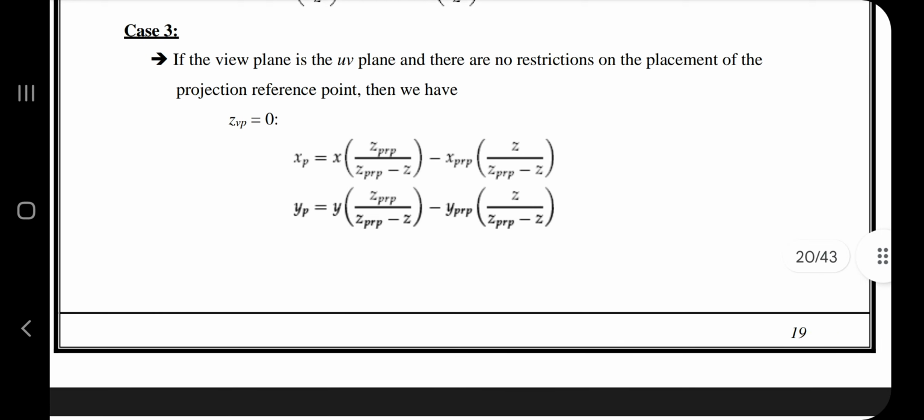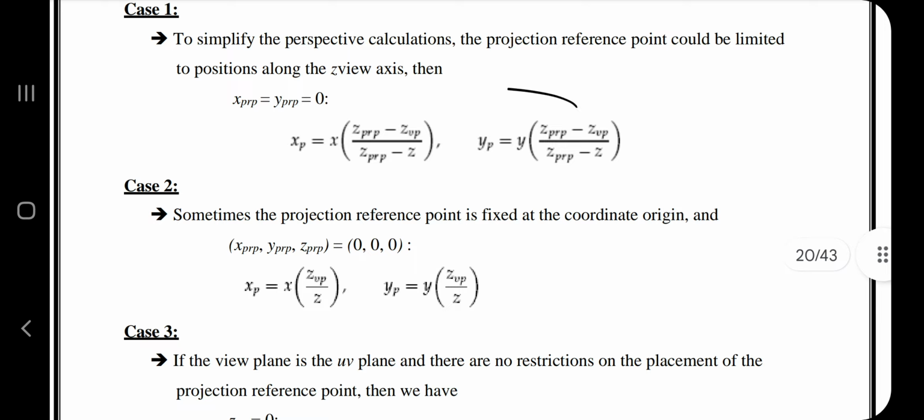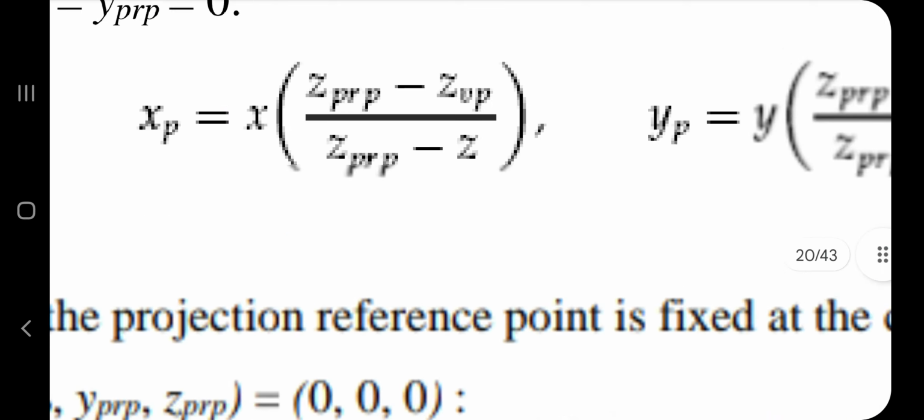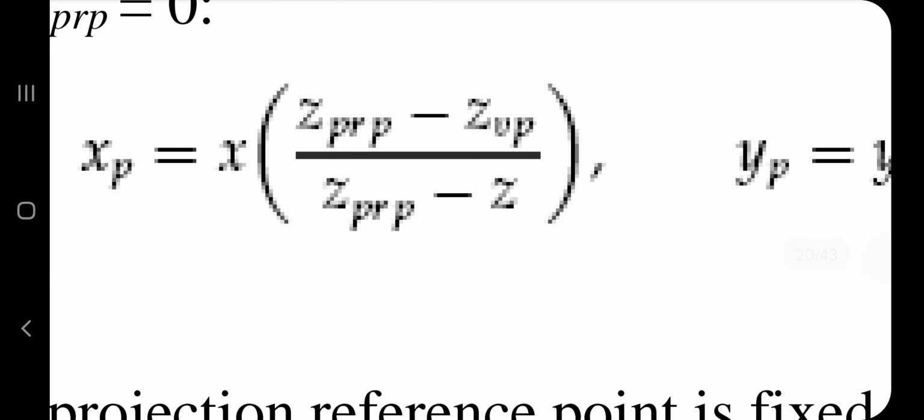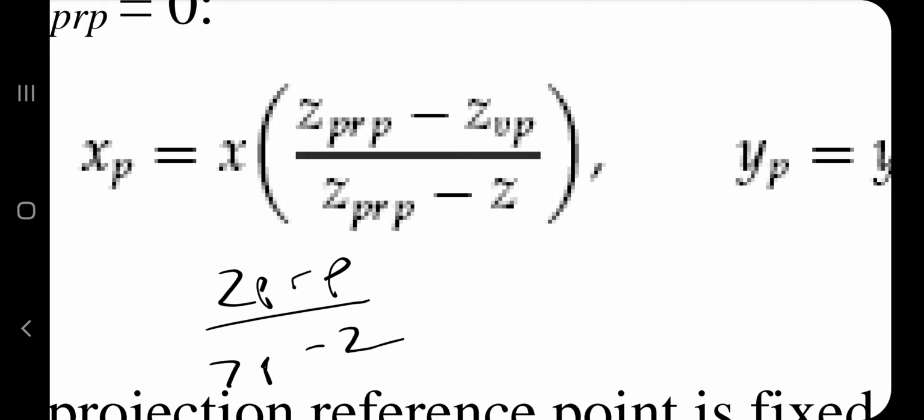Now we will move on to case 3. In case 3, again refer to the same equation here. In this equation, basically what you will be doing is, you will be splitting the numerator. Splitting the numerator means this term will be taken separate and this term will be taken separate. So basically what you will have: zprp by zprp minus z minus zvp by zprp minus z.